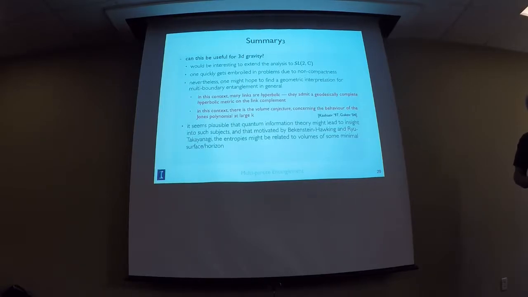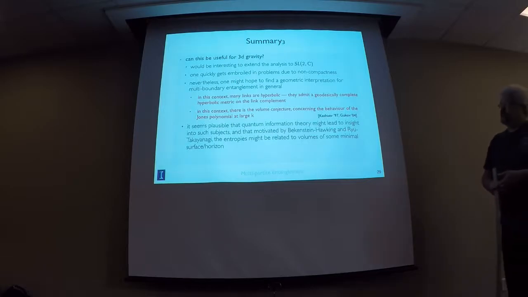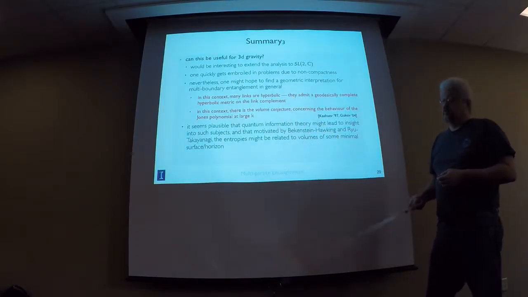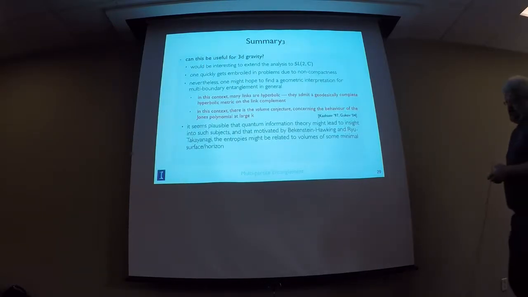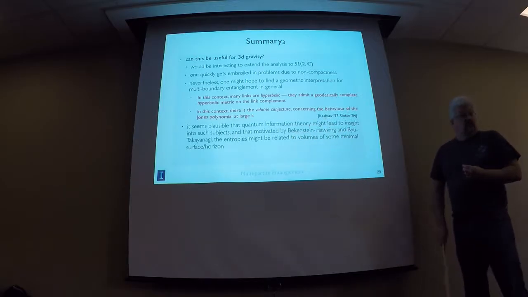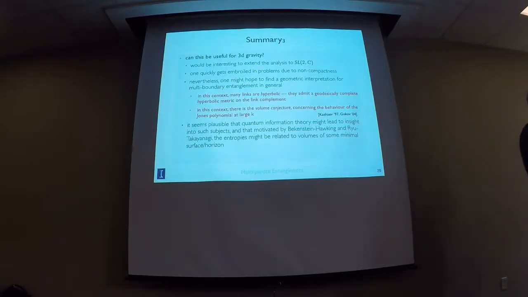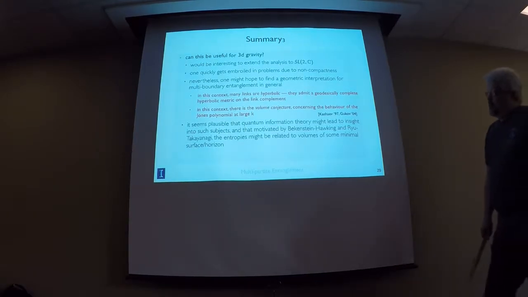But you might hope to find some geometric interpretation for this multi-boundary entanglement, and you might hope that it will connect to Bekenstein-Hawking or Ryu-Takayanagi in some way. Okay, and so we're exploring that.